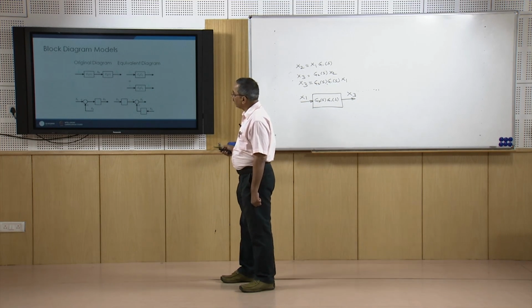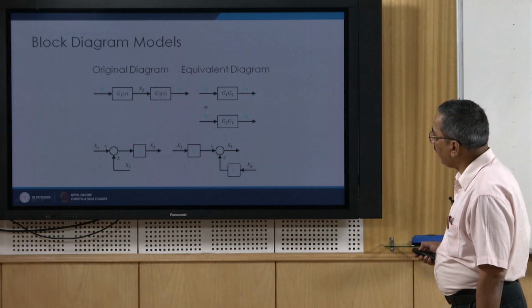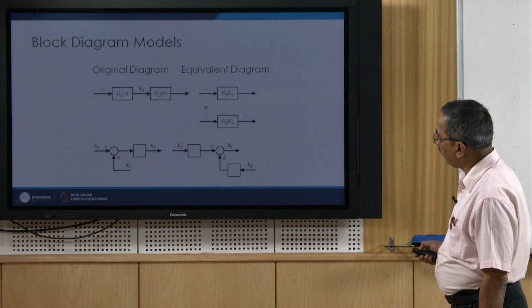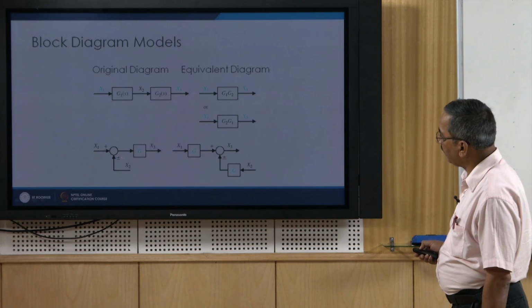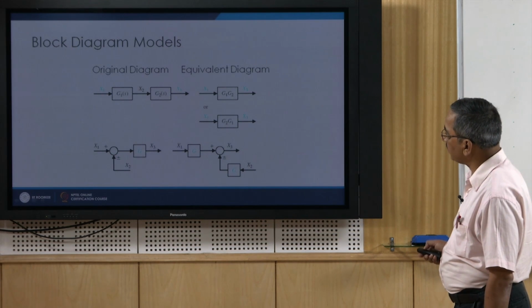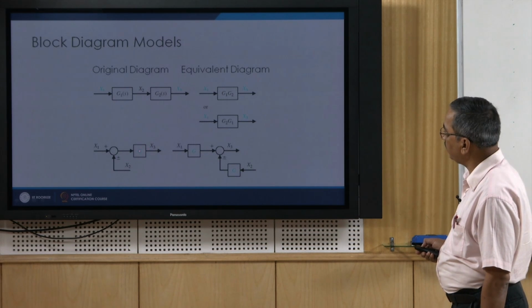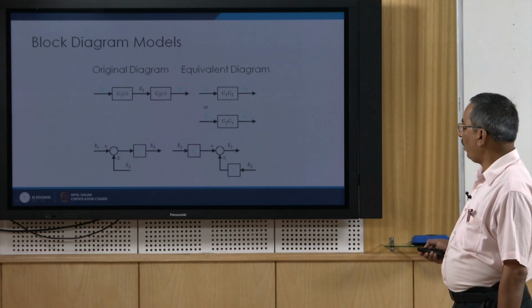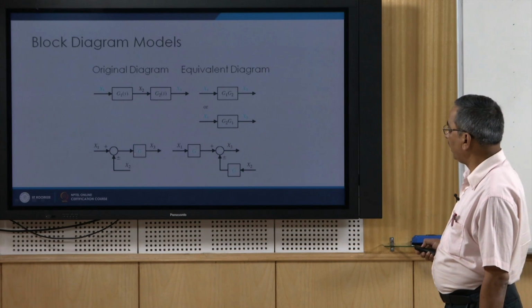Now, let us look at the second figure. Here there is input x1, there is a summer with sign plus or minus, x2 is there, g is the transfer function, and here x3 is the output. What I am doing here is basically taking this summer ahead of this block.